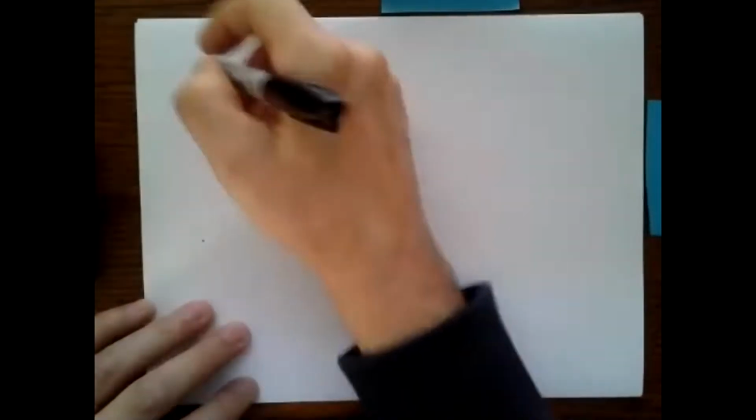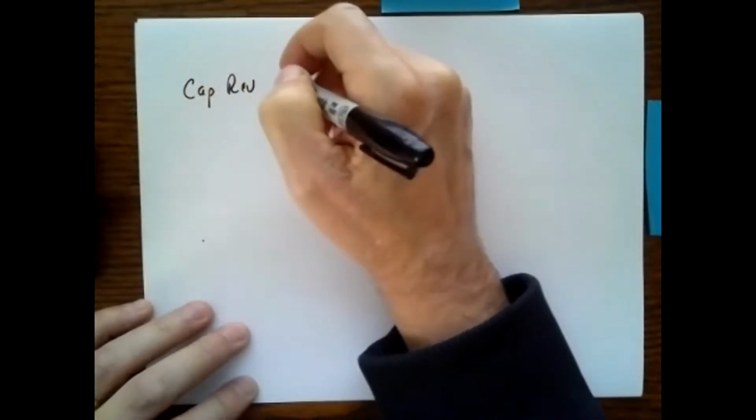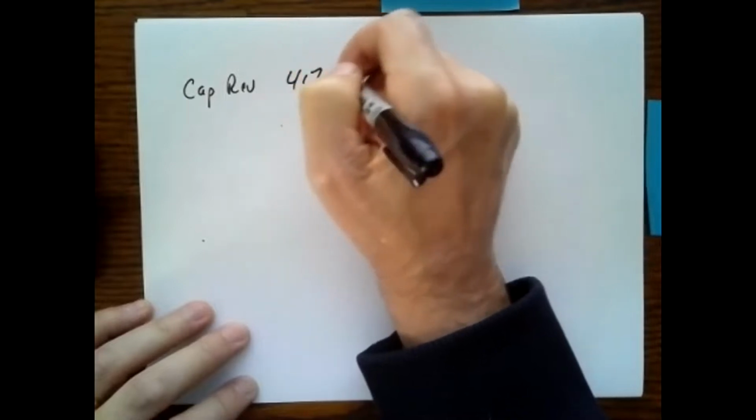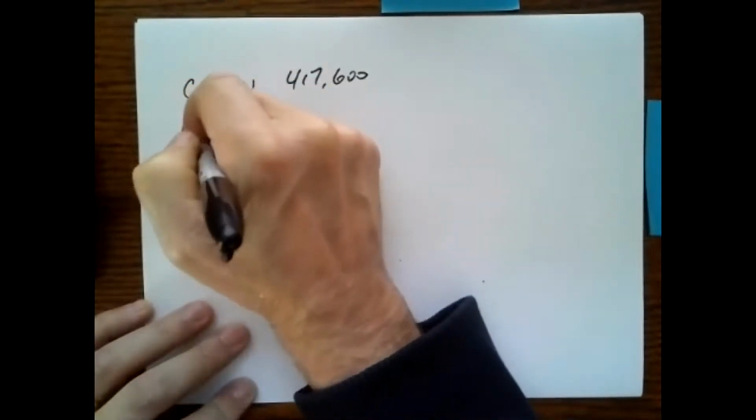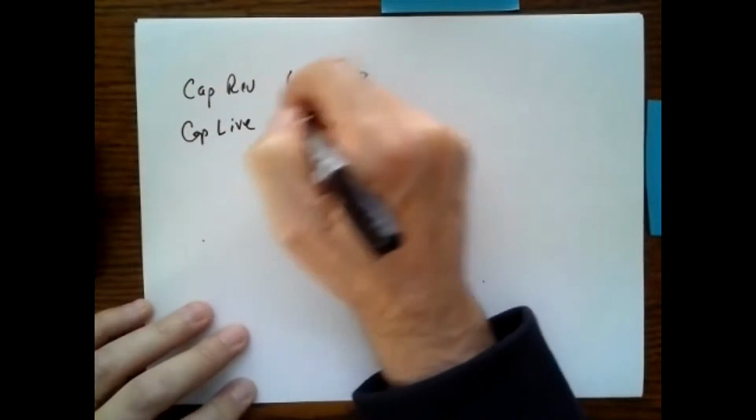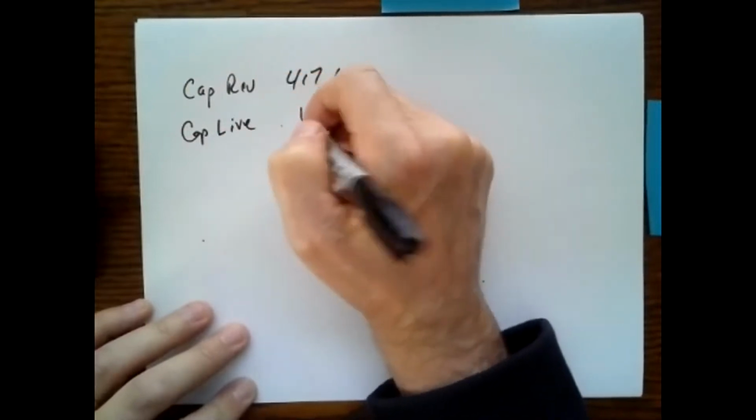Okay, so our capitated revenue actual was 417,600. Our capitated lives was 1,200.